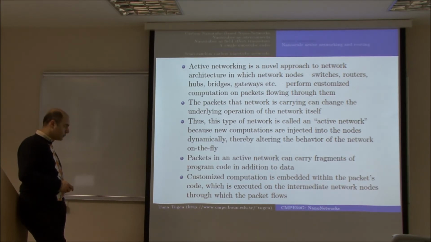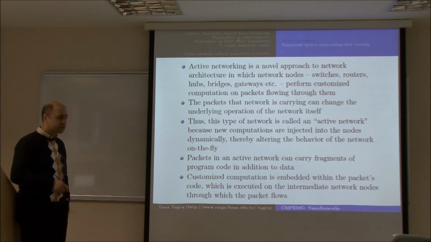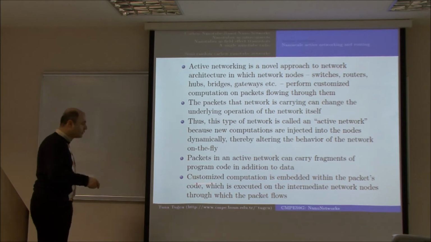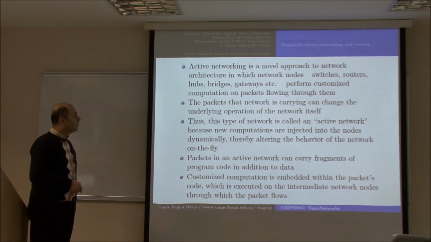So the behavior of the network is being altered on the fly as the packets are propagating through the network. So the packets in an active network can carry fragments of the program code in addition to data. And customized computation is now embedded within the packet code rather than the algorithms that are fixed and running on the routers, which is executed on the intermediate network nodes while the packet is flowing through these nodes.